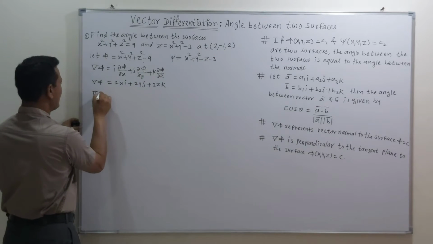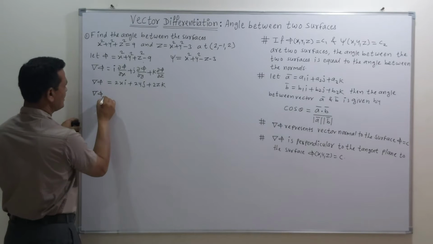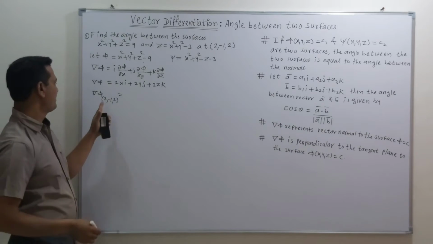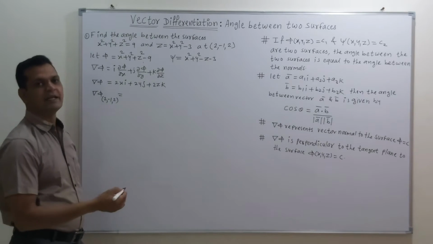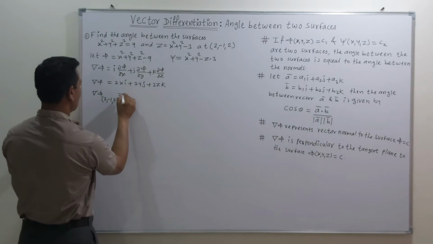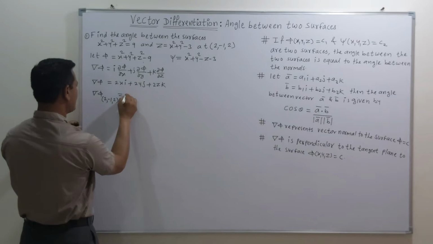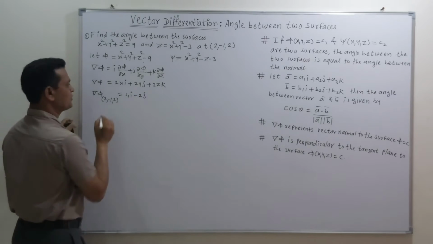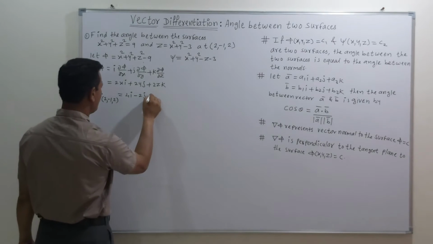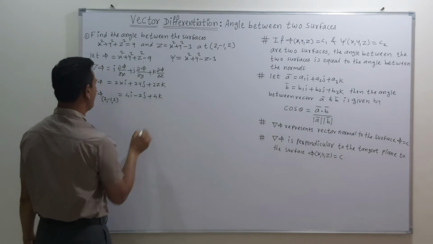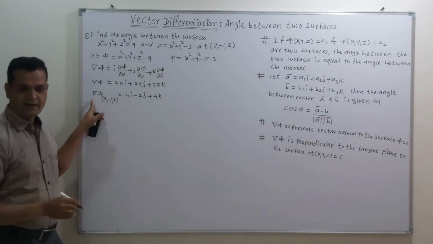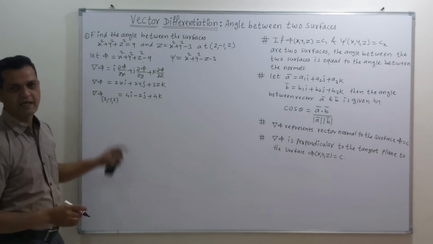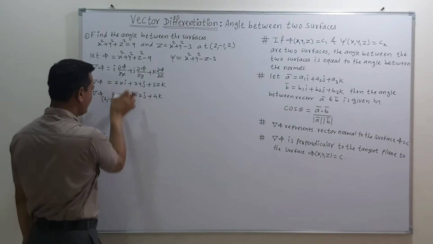We write del phi at the point 2, minus 1, 2; that means put x equal to 2, y equal to minus 1 and z equal to 2. So we get 2 into 2, that is 4i, then minus 2j because the y value is minus 1, plus 2 times 2, that is 4k. In this way we get the gradient of phi, or the normal to the surface, at the point 2, minus 1 and 2. So this is for the first surface.